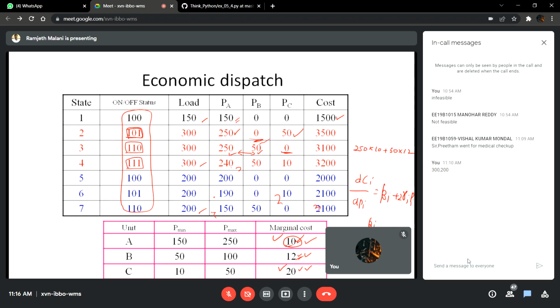This generator has a maximum power that can be supplied of 250.